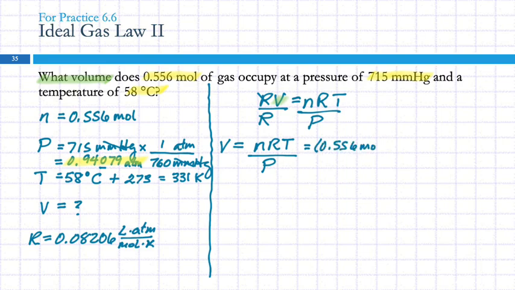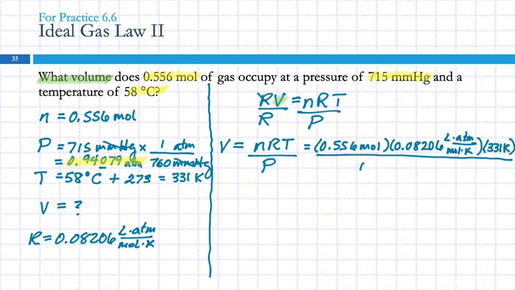0.556 moles. R is 0.08206, here, atmospheres per mole Kelvin. And then barely enough room for my temperature over here, 331 K. Divided by the pressure, 0.94079 atmospheres.